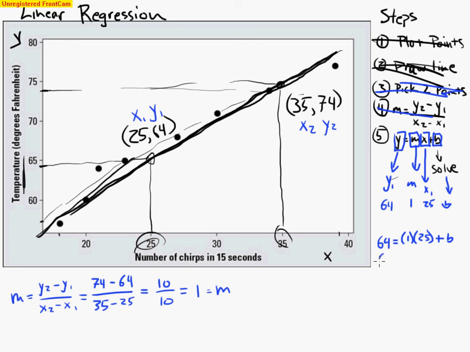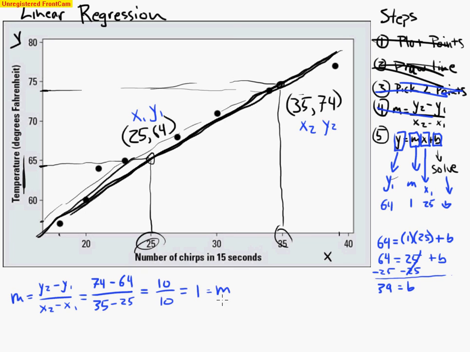Now I have 64 equals 25 plus b. Go ahead and subtract 25 from both sides so that I get my b all by itself. Cross this out. And now I have 64 minus 25. Grab a calculator. And that's 39. So 39 equals my b.